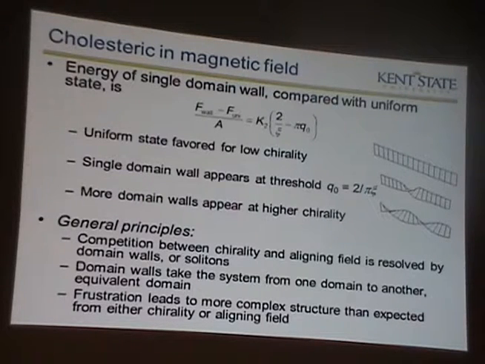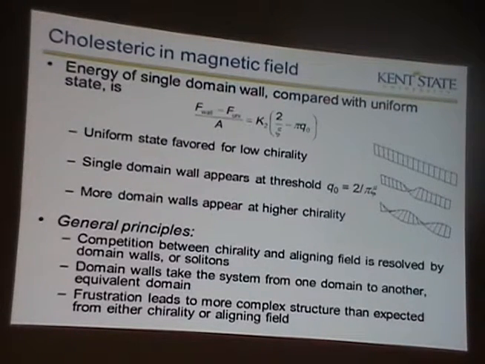The system has multiple ground states, and a domain wall separates one ground state from another. Here, my system has ground states where theta is pi over 2, 3 pi over 2, 5 pi over 2, and here you see explicitly a domain wall between those things. And hence, you get a more complex structure than would be expected from either the chirality or the field.